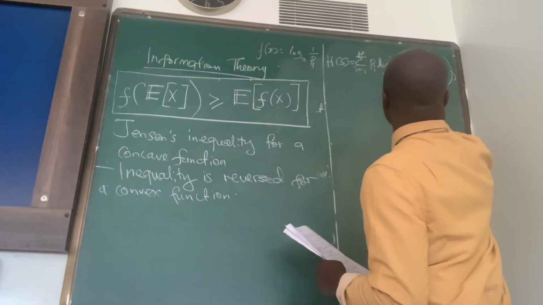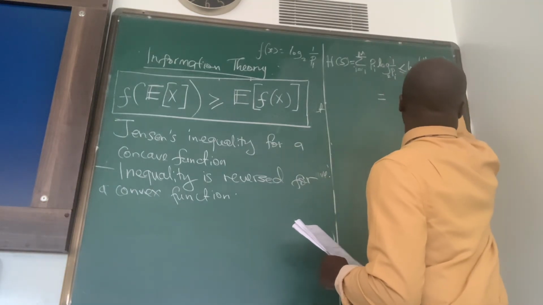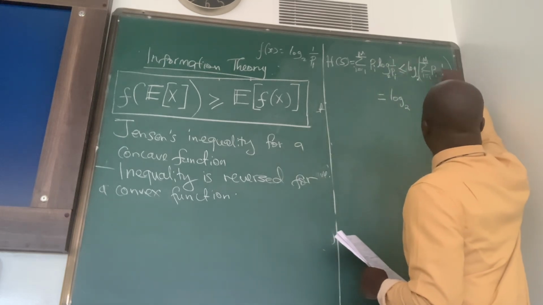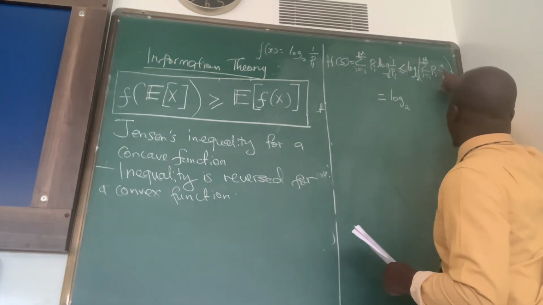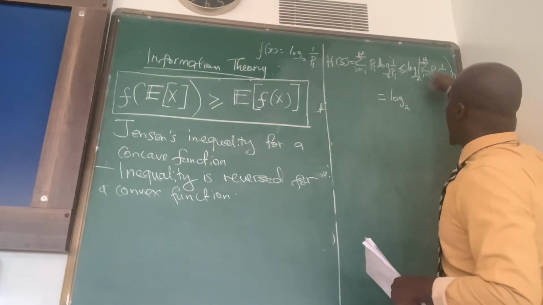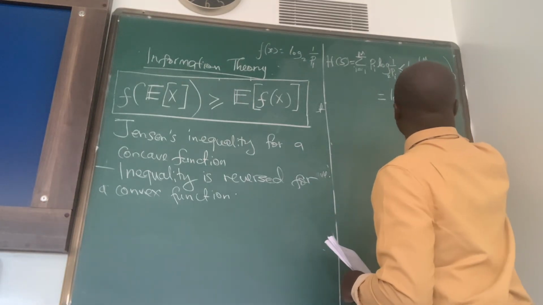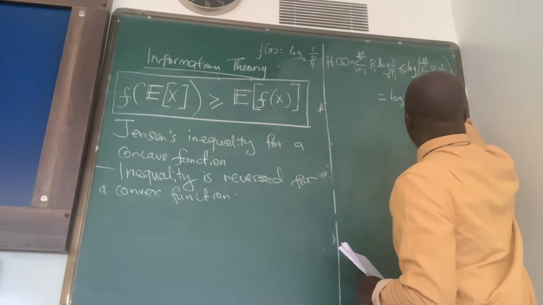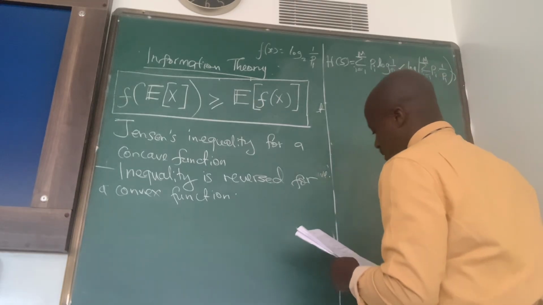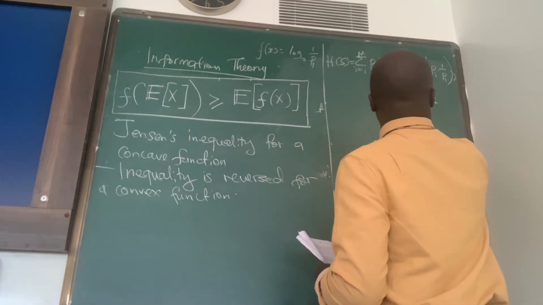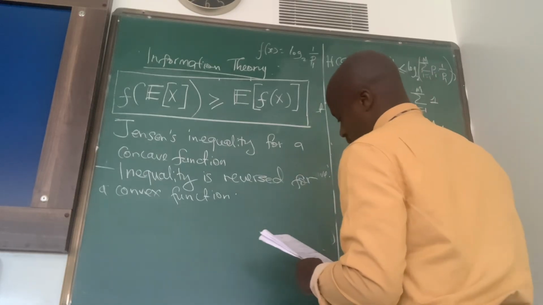Then this side is log base 2 of the summation from i equals 1 to m of p_i times 1 over p_i, which is 1, so it becomes log base 2 of m.